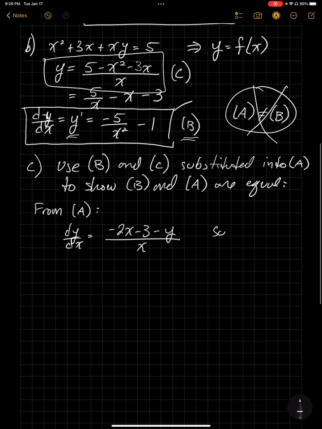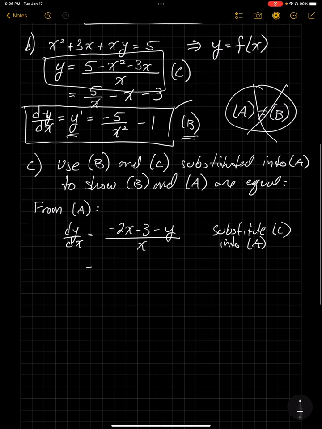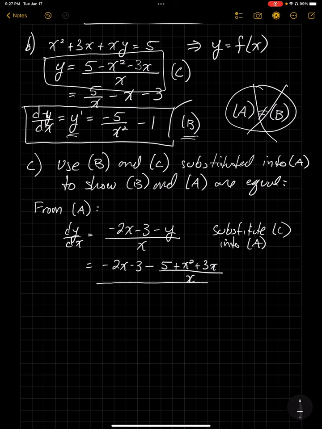And now we substitute our expression C into A. And so we get dy by dx is equal to negative 2x minus 3 minus y, which is minus 5 plus x squared plus 3x all over x. And then this is also all over x.